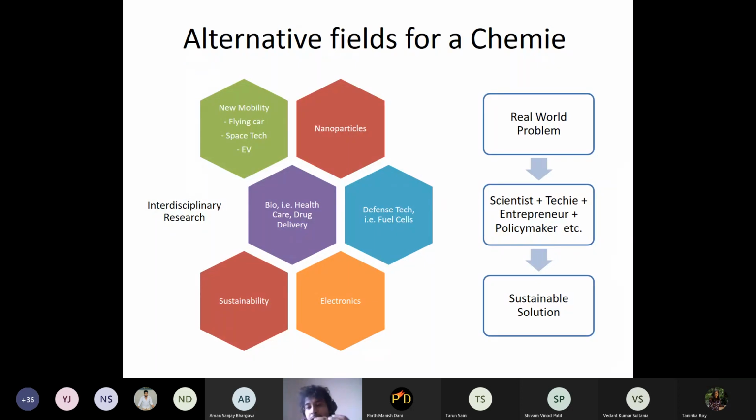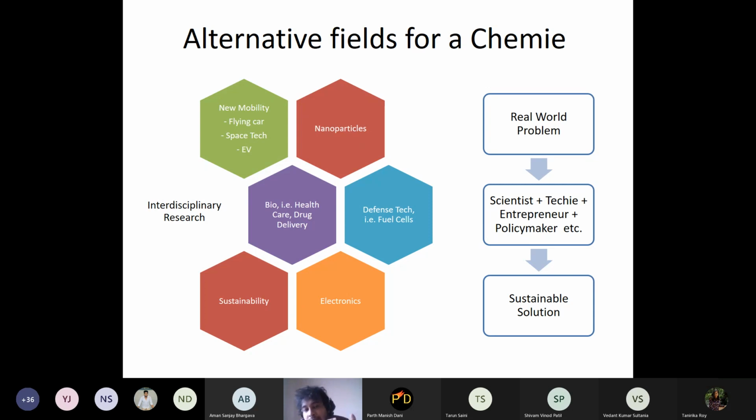So for space technology, when you want to send satellites to a different planet, or build a house on a different planet with 3D printing materials and other stuff, you need the material, you need the composite, you need the fuel which will help us go a longer distance. All these things we need, and for this chemical engineering is very relevant to work in these areas, which is basically interdisciplinary.